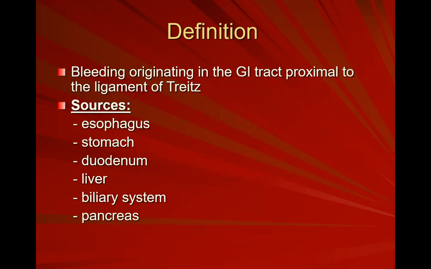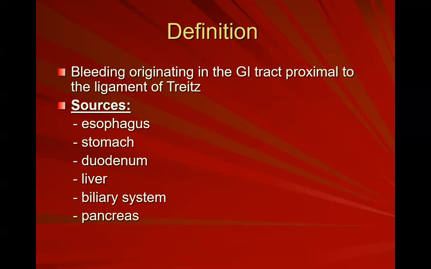Since we're talking about upper GI bleeding, we have to differentiate between upper and lower GI bleeding. So, what's the anatomical landmark that decides that above it there would be upper GI bleeding, and below it lower GI bleeding? The ligament of Treitz. What's it dividing?